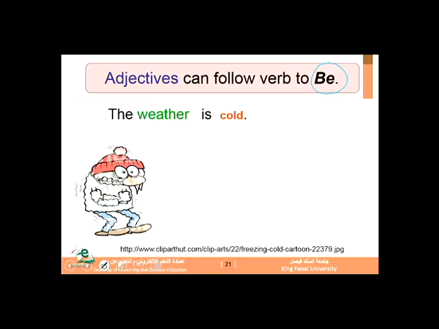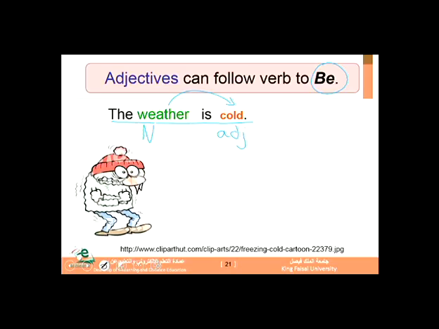So if you look at this sentence, the weather is cold. Where is the noun in this sentence? This is the noun, the weather. The adjective is the word cold. But look, now the adjective here comes after the noun, not before the noun. We used to have it before the noun.